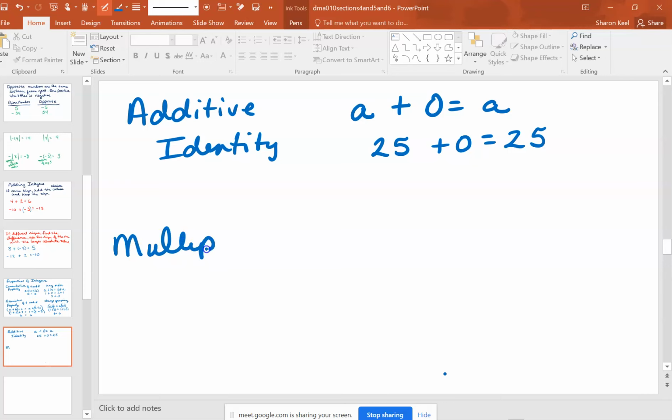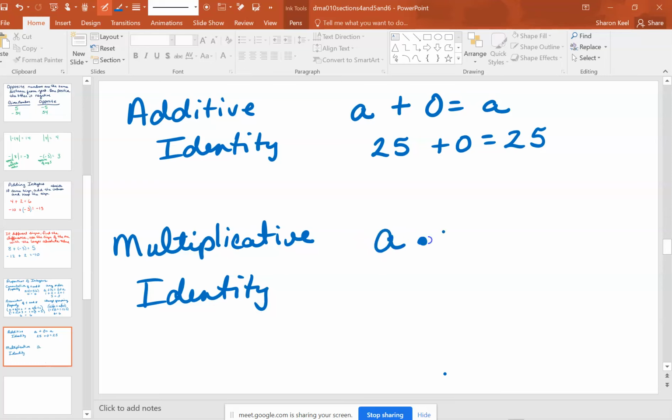We have the multiplicative identity. The multiplicative identity is that if you have a value and you multiply it by 1, you're going to get the same value. So if you had 83 and we multiplied it times 1, we're still going to get a solution of 83.